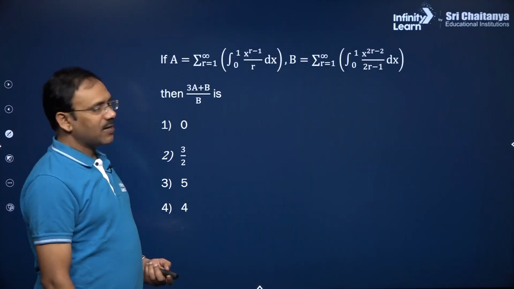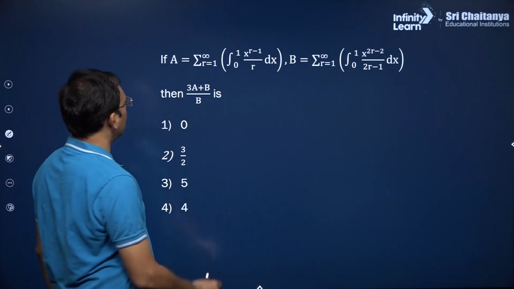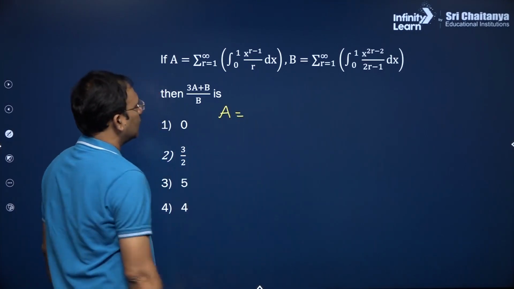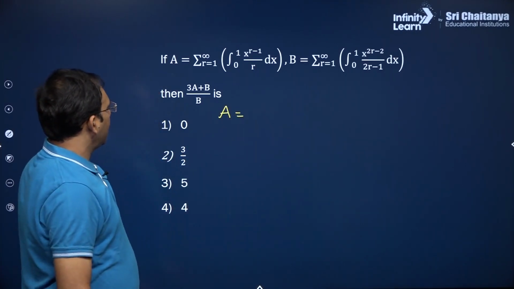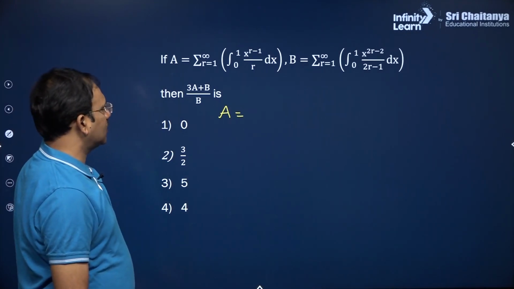Next, you see, my dear friends, if you see this particular one, this is going to be sigma r is equal to 1 to n, integral 0 to 1 x power r minus 1 by r dx, this is given.